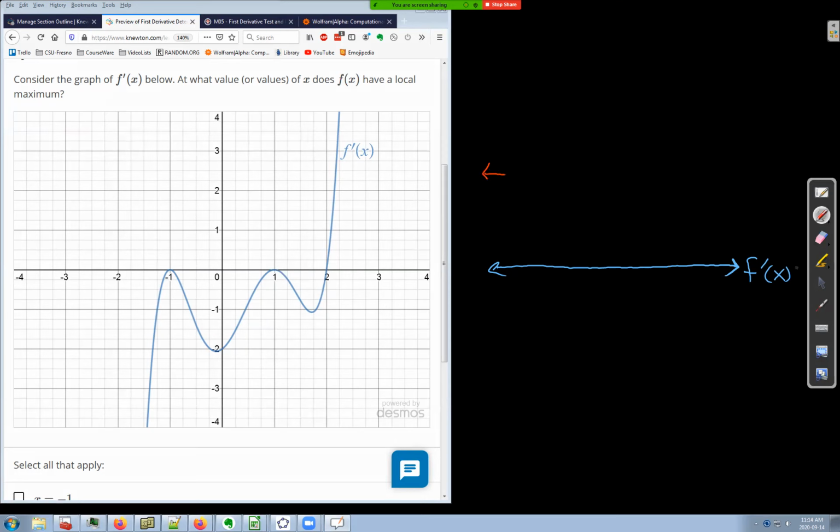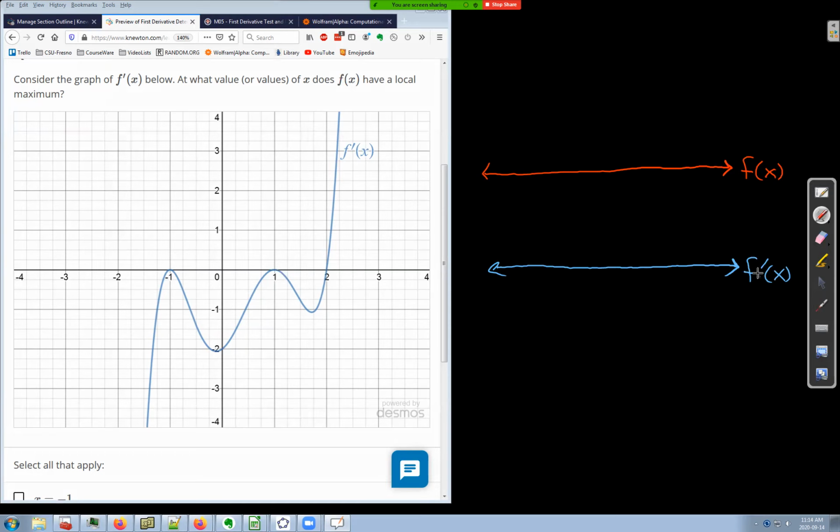But I'll also make a number line for the original function, because everything that happens down here with the derivative is going to have a reflection in the original function.